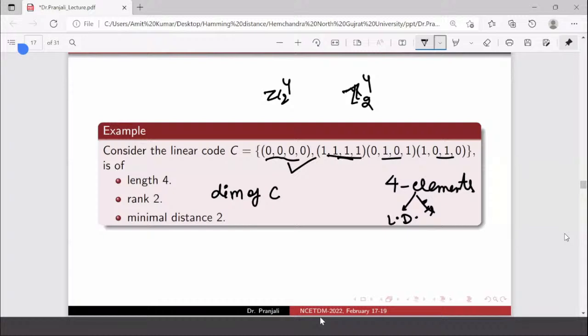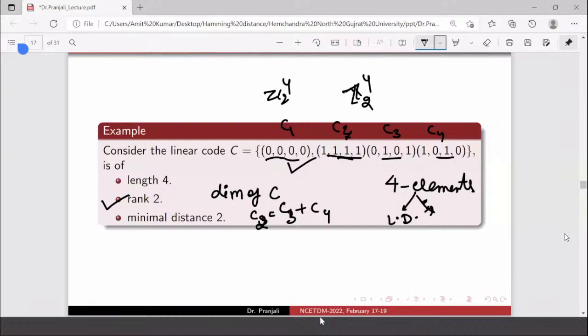If C1, C2, C3, C4 are there, then C3 can be expressed as a linear combination of the others, and C2 can be expressed as a linear combination of C3 and C4. So the rank will be 2.